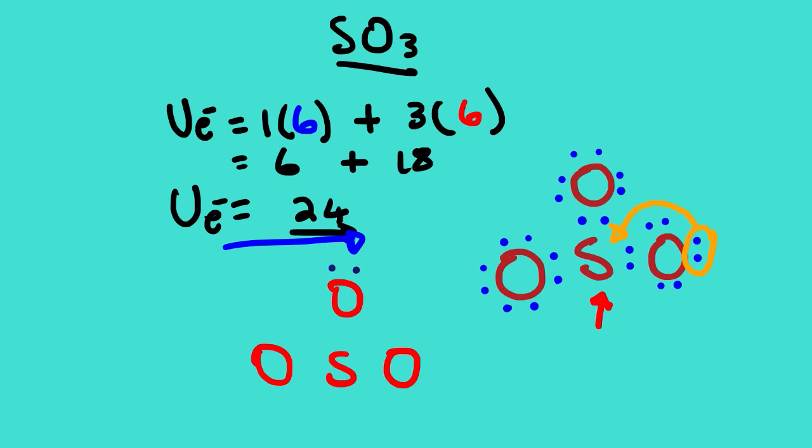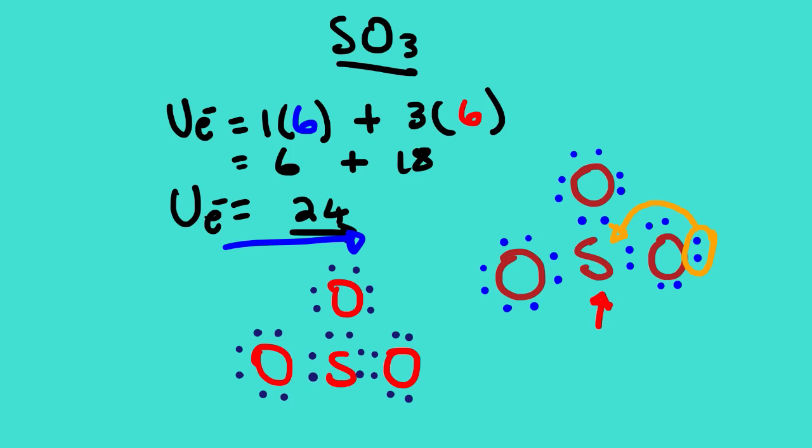We still have our 8 electrons here. Actually, let us continue from our first electrons: 8, 9, 10, up to 24.